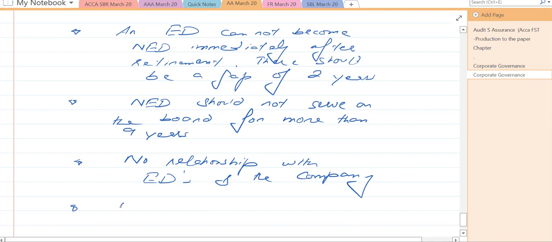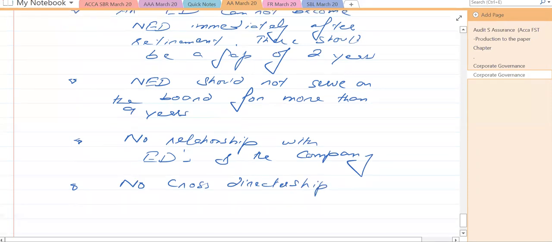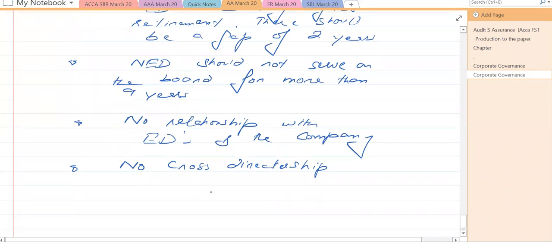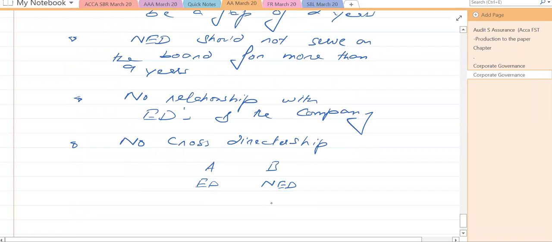Similarly, no cross directorship. That means, for example, there is a company A and there's a company B. The ED of company A is the NED of company B, and the ED of company B is the NED of company A. So I'll scratch your back and you'll scratch mine.